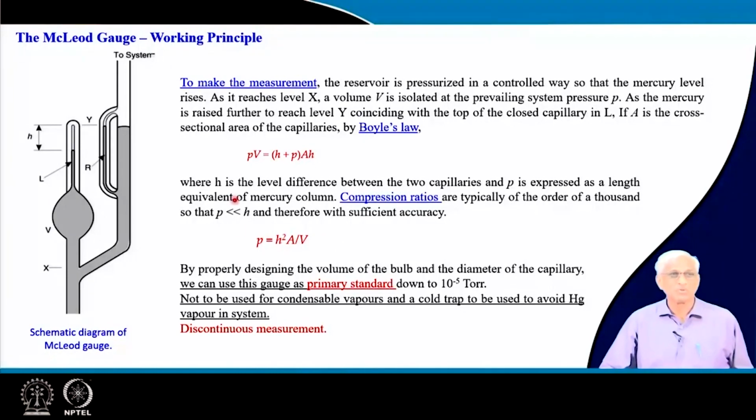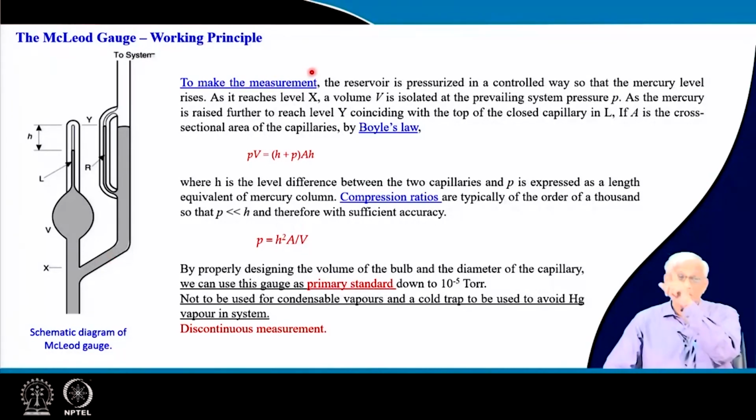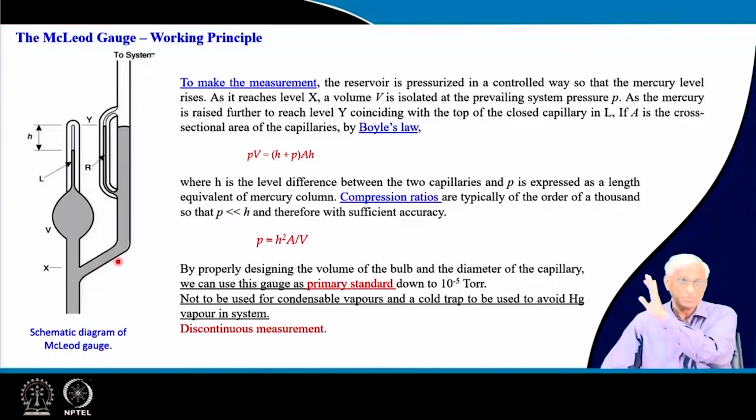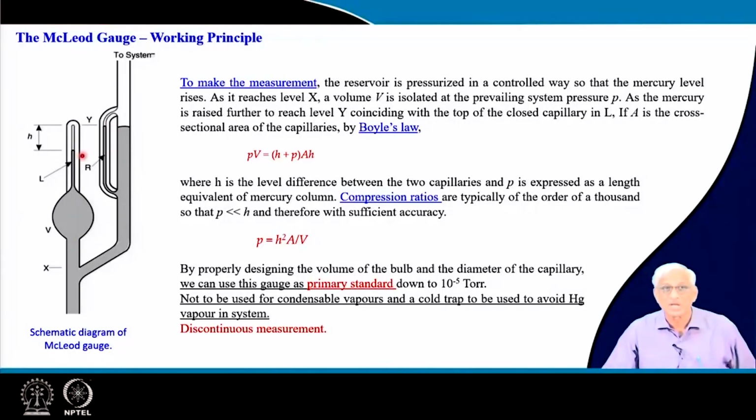So, every time you do the manipulation, first the mercury level goes down, collect the system pressure at that instant of time, and keep a note of the secondary gauge which is connected to the same chamber at that instant, when it is isolated, and take that as the unknown, the value to be calibrated. Whatever is the value of that vacuum level, if that was P, that is now getting compressed to another higher pressure, which is called P plus H with reference to this vacuum.